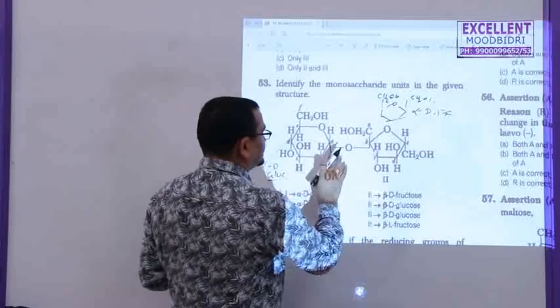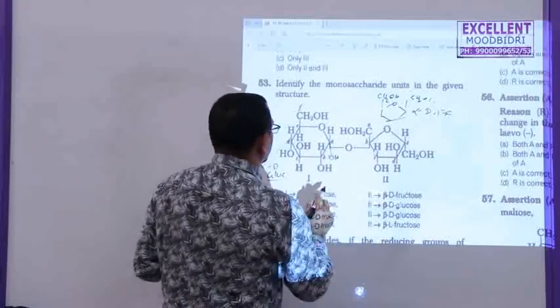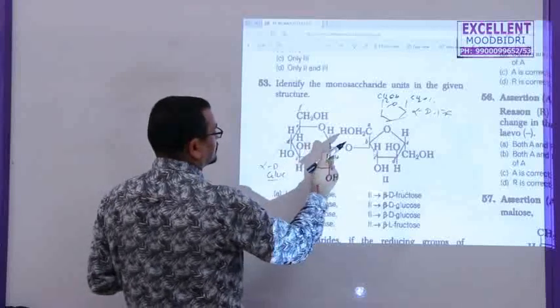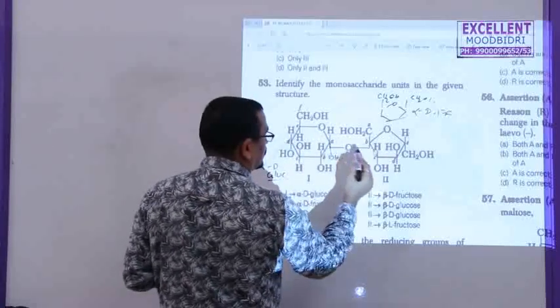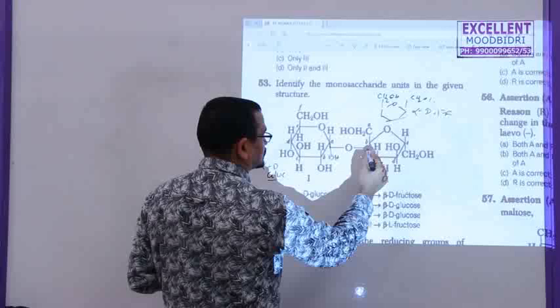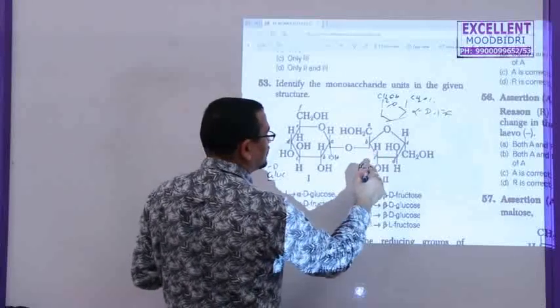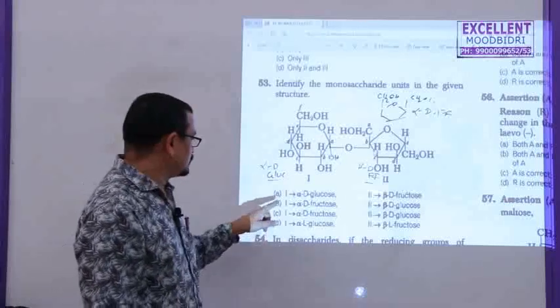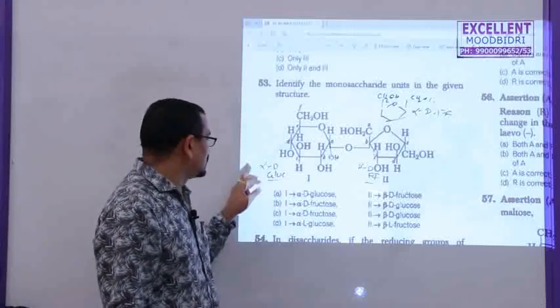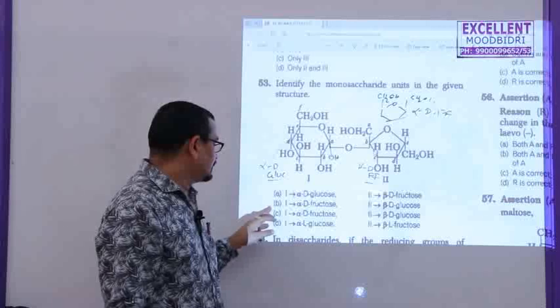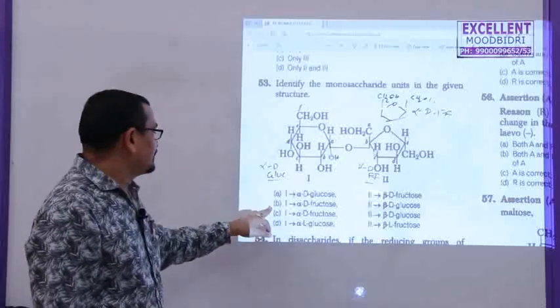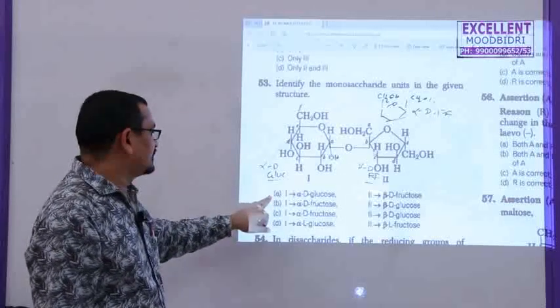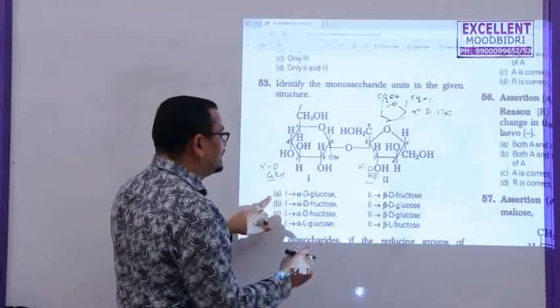Moreover, this is a glycosidic link between C1 and C2, between alpha D glucose and beta D fructose. So this is beta D fructofuranose. One is alpha D glucose, and two is beta D fructose.